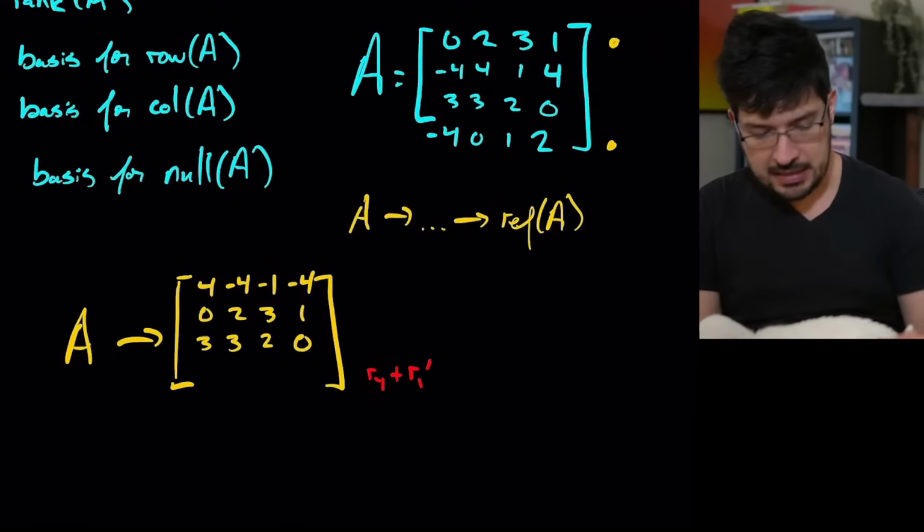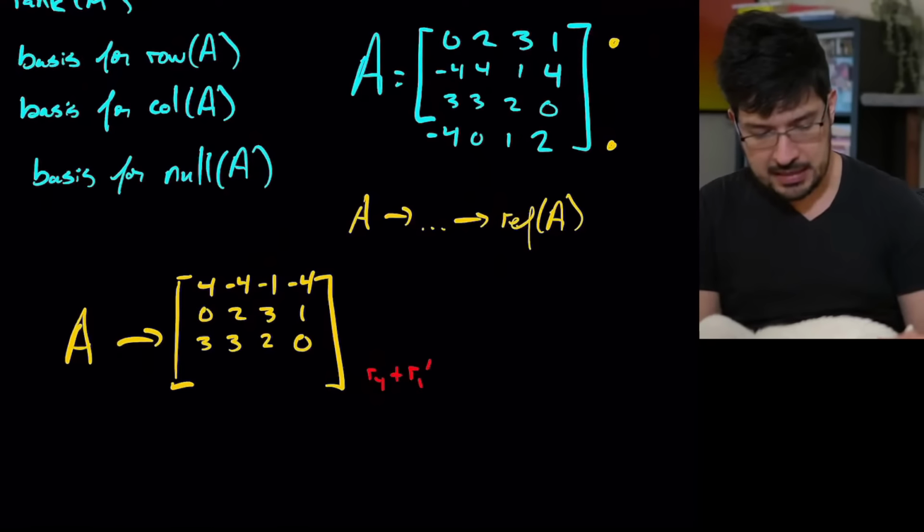And then let's interchange and put what used to be in the second row in the third. Remember, row 2 is the second row of the previous matrix. This now I want to be row 2 minus row 2 prime. Row 2 prime is the entry in this current matrix that I'm writing.